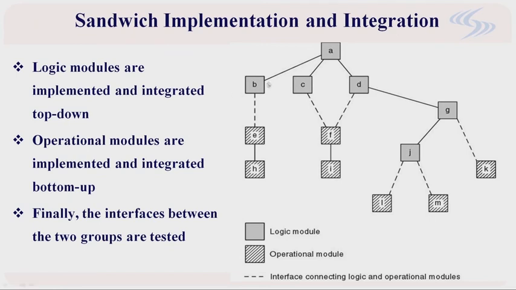So in this case, modules A, B, C, D, G, and J follow top-down, and the modules E, H, F, I, L, M, K will follow bottom-up because they are operational modules.